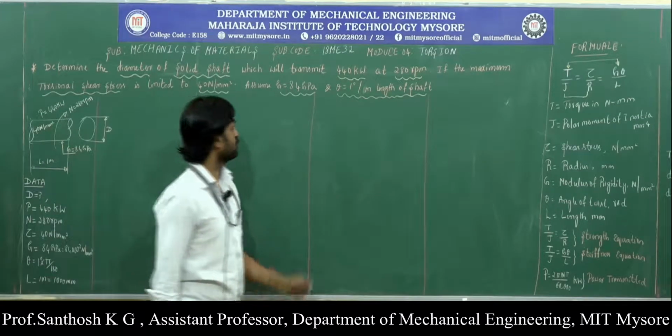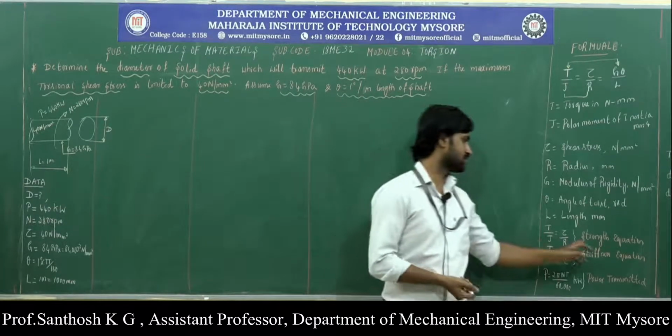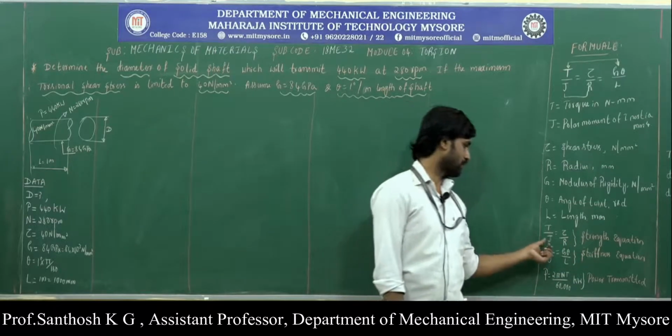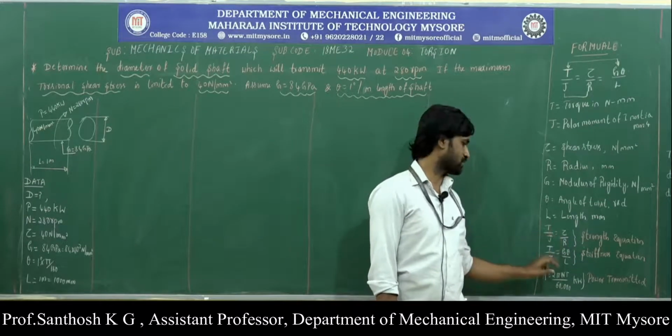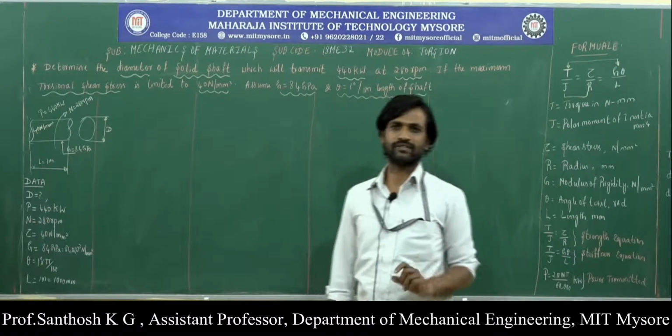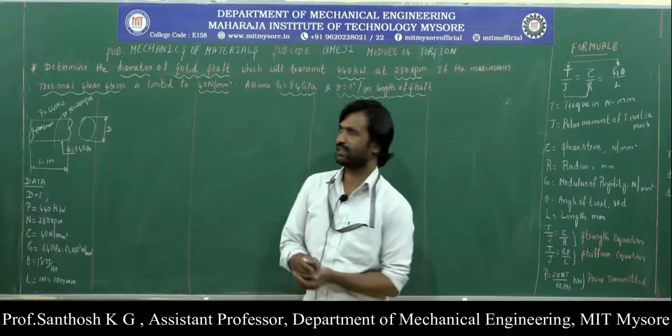Here, in order to find the diameter, I should use the strength equation and the stiffness equation. If I want to use the strength equation or stiffness equation, I need the value of T, which represents the amount of torque transmitted by the shaft.